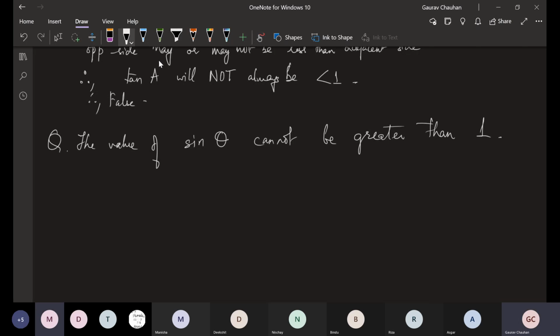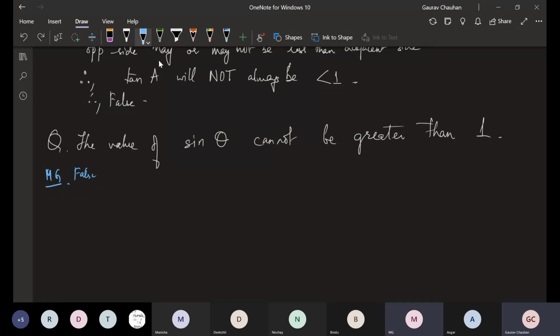Sir, I think false. You think it is false? You will have to explain, MG. Sir, I think it's false because it can be lesser than 1 also. So it is saying cannot be greater than 1. Obviously, if it cannot be greater than 1, it can be lesser than 1 also. That's a part of the statement only.